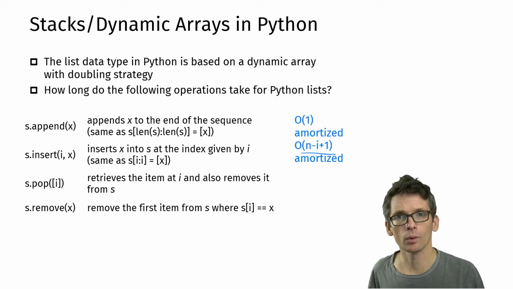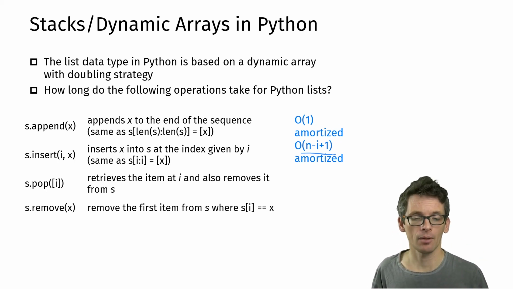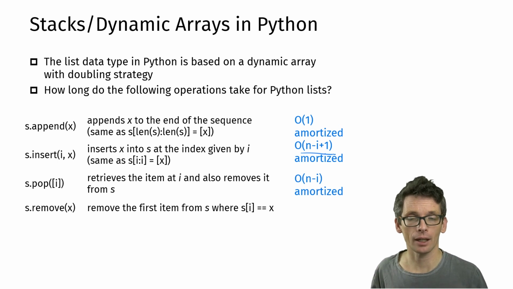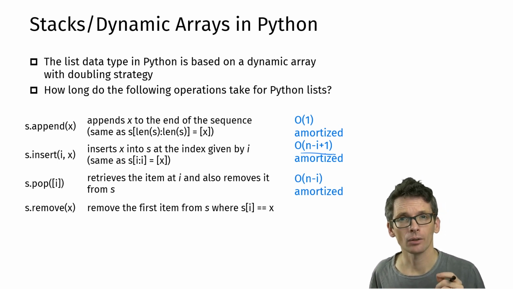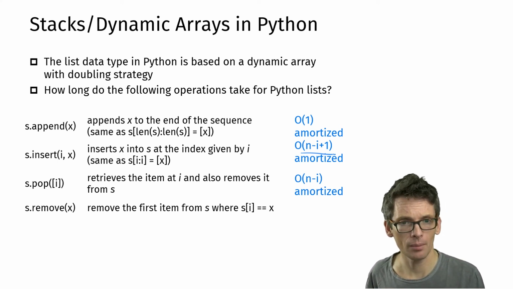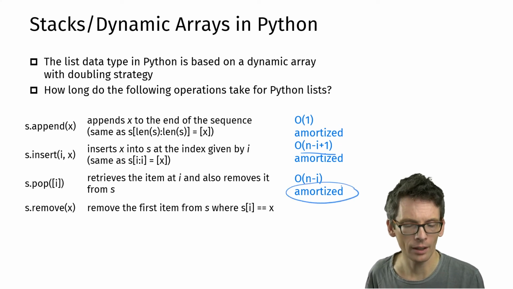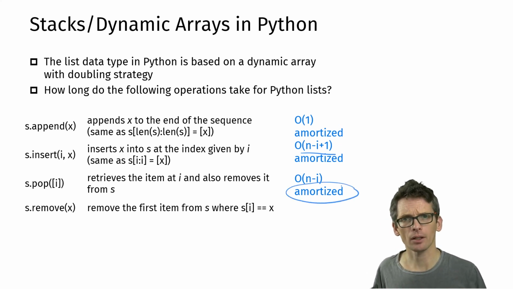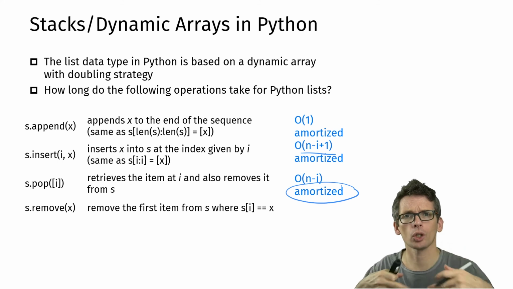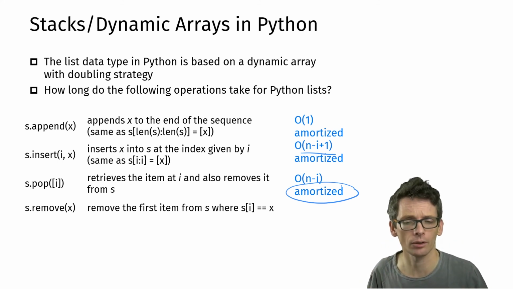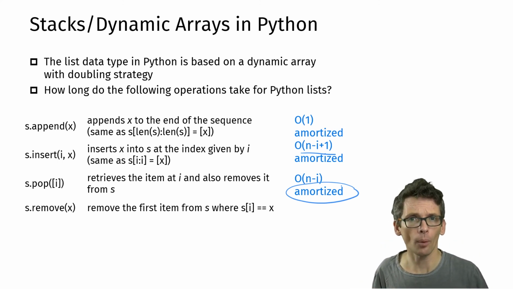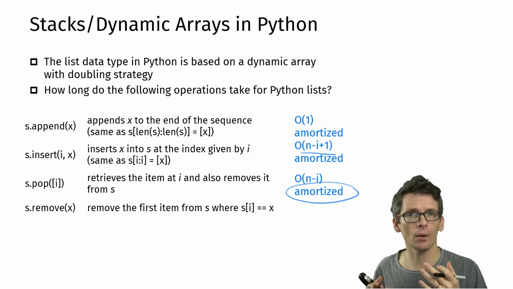Pop i removes the ith element, so that is also order n minus i amortized. So this is maybe a bit of a surprise. Why is this also amortized? We were only talking about push, and that push takes amortized constant time. But why does pop take amortized constant time? The reason is very simple.